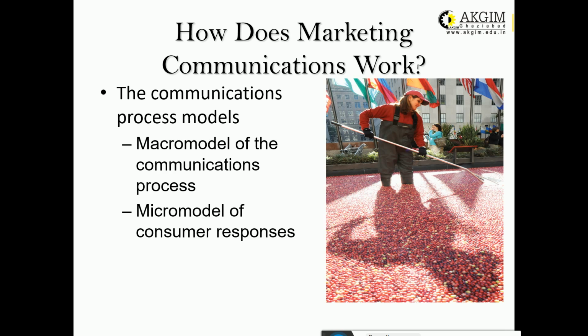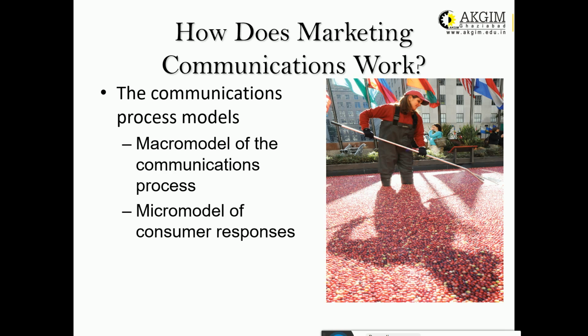We have already talked about how marketing communication offers solutions to questions like why shall the product be used, how can the product be used, who can use the product, where can the product be used, and when can the product be used.